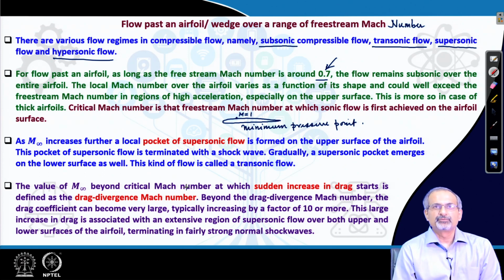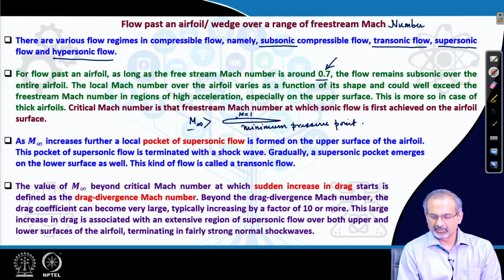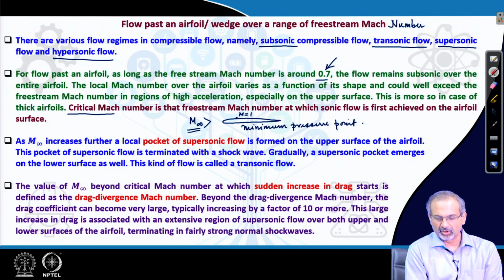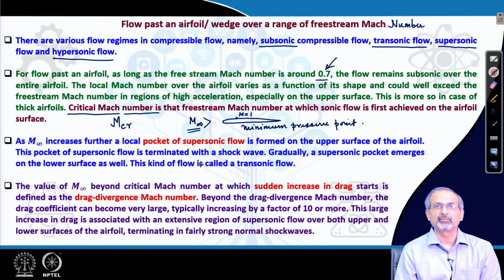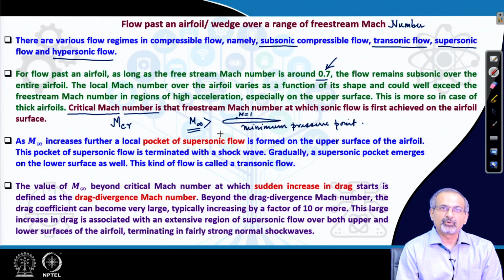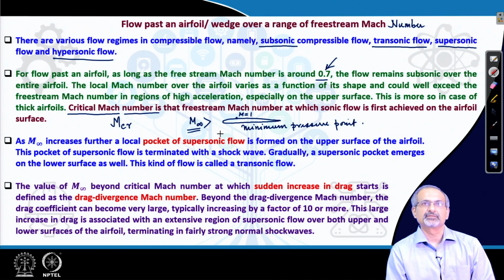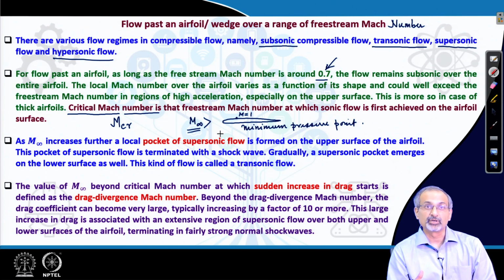All right. So, if you increase the free stream Mach number further, that means you are going beyond the critical Mach number. Let us mark the critical Mach number as, say, MCR. So, your Mach number is now increasing beyond the critical Mach number. What will happen is that the Mach 1 condition will not remain confined to a single point. There will be a pocket which will develop over the upper surface first, followed by the lower surface as well.